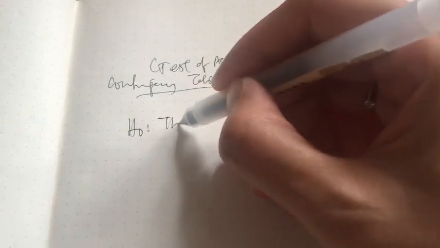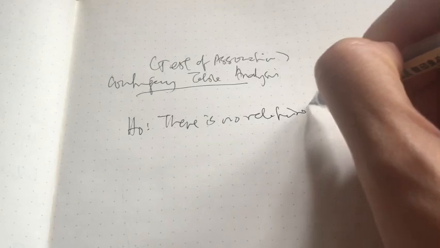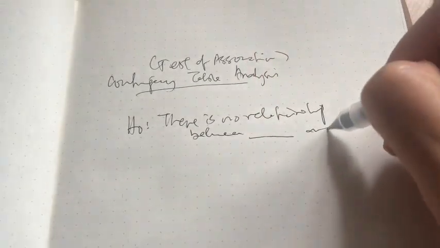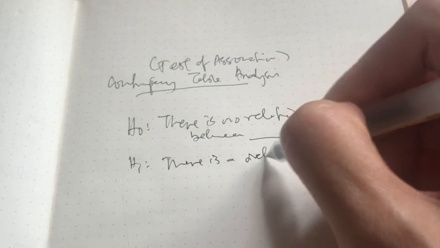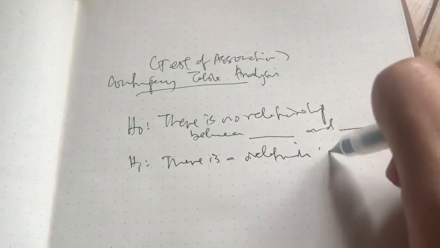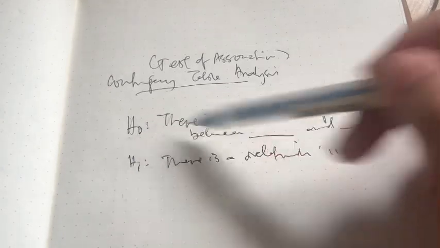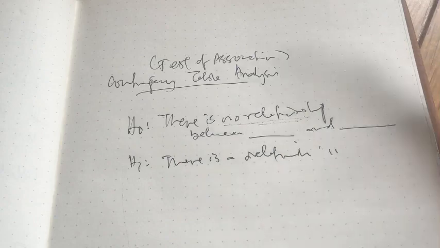The null hypothesis is there is no relationship between whatever the two variables are, and the alternate is there is a relationship between them. As we remembered just now, since null means nil, the no relationship should be at the null hypothesis.